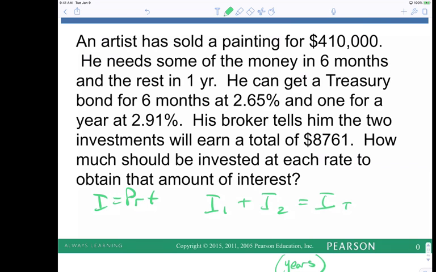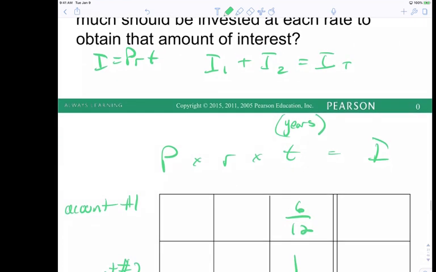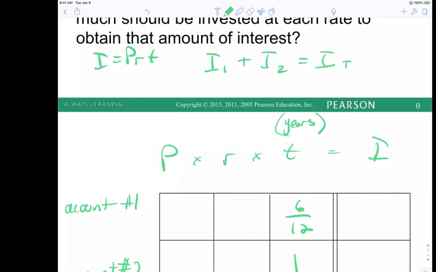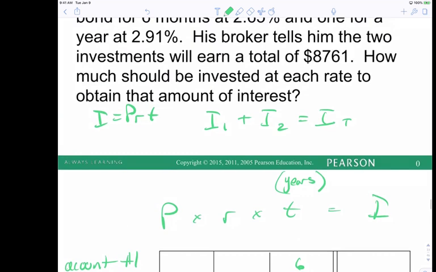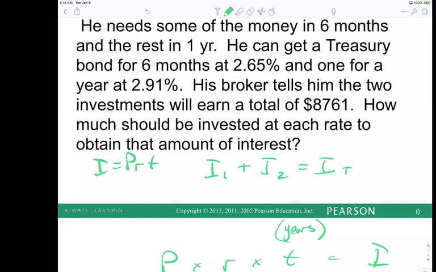What's that as a decimal? 0.0265. Okay. 2.65%. The percent symbol means per 100. We divide by 100, you should get this result. Move the decimal to the left twice. The other one, what's that? Tell me about the other one.